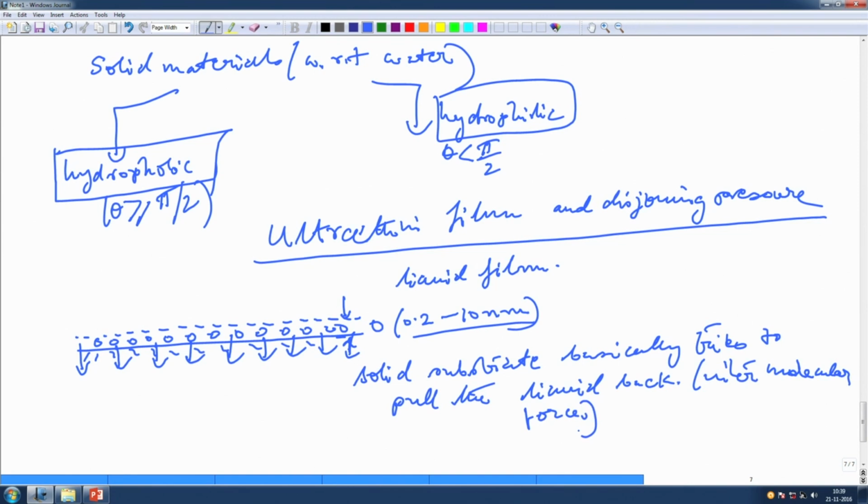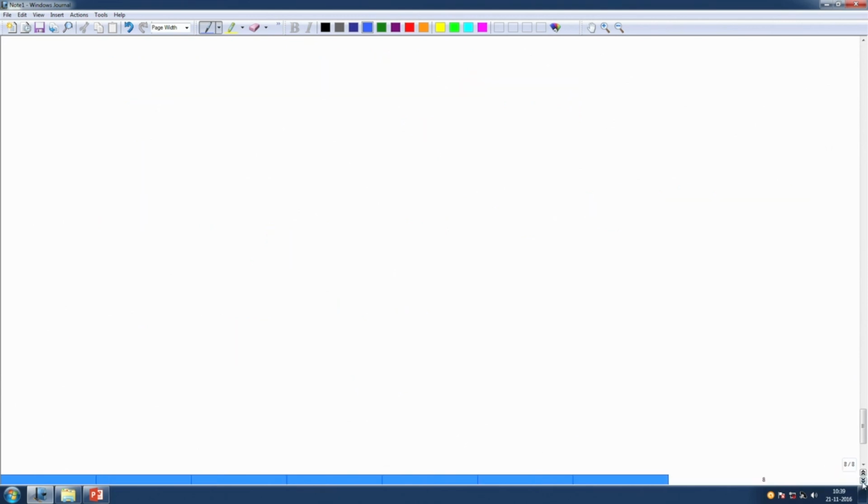Now, if capillary pressure is absent, let us look at the situation. If the capillary pressure is absent, then the pressure inside the liquid film is changed by a very small amount because of this additional pull created by the substrate, correct.